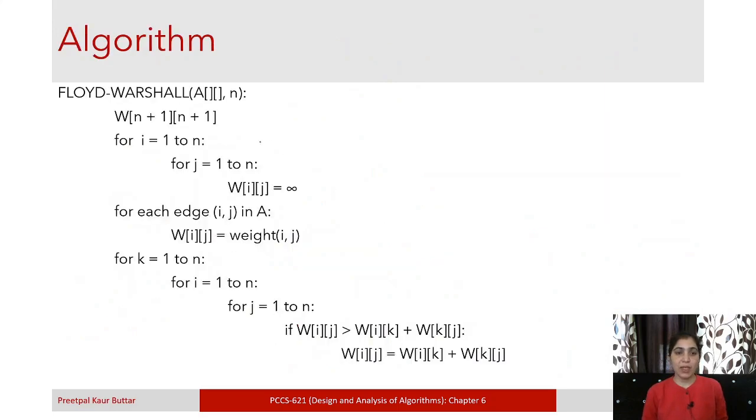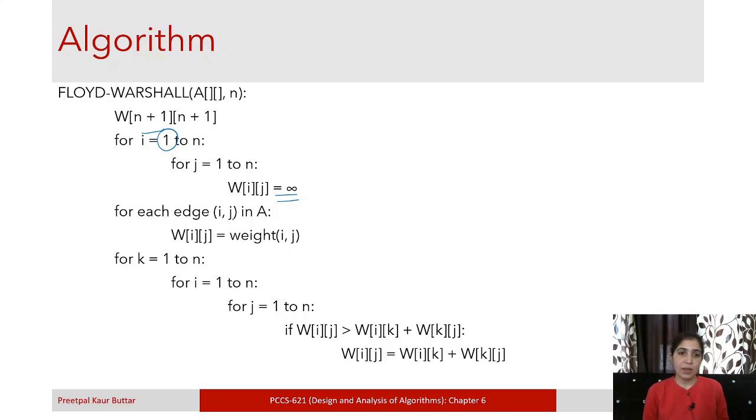Okay. So finally let us look at this algorithm. Here we are creating a matrix W of size n plus 1 by n plus 1. Why n plus 1? Because here we are starting the i loop from 1. Initially, we will initialize all the values in the W matrix to infinity, whether or not there is an edge.